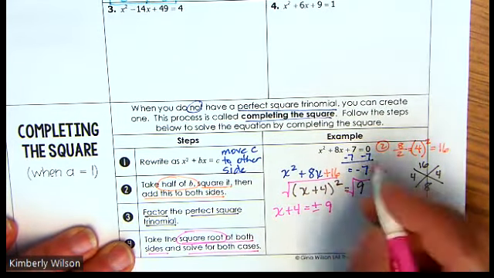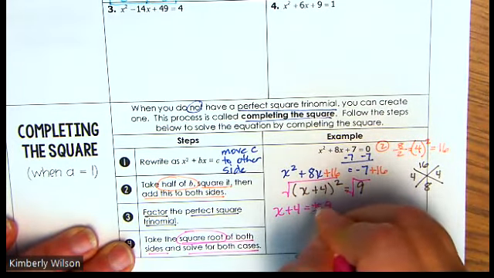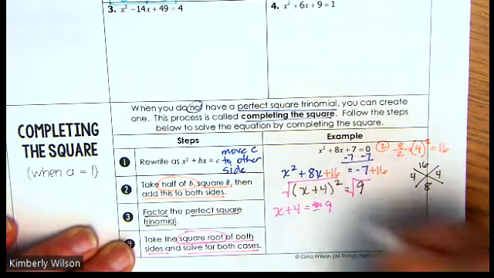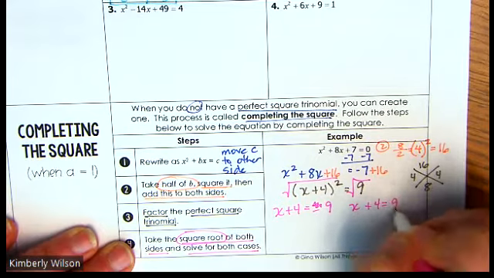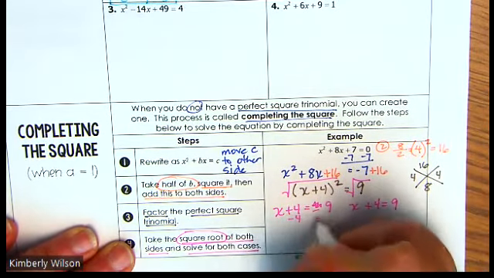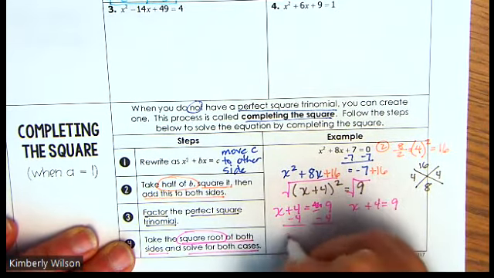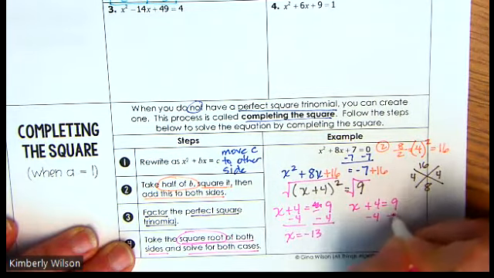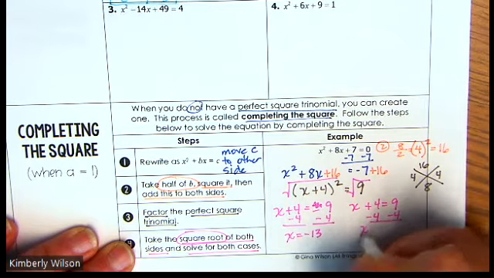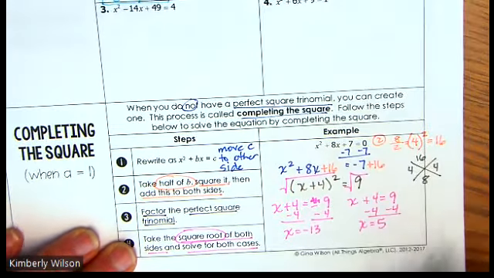So I'll keep this one as the -9, and then I'll make x plus 4 equals positive 9. Now I solve both, so I'm going to subtract 4, and I get x equals -13. Subtract 4, and I get x equals 5.